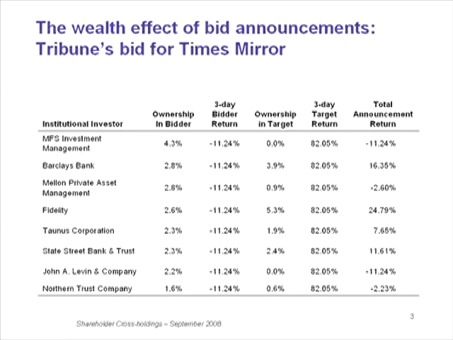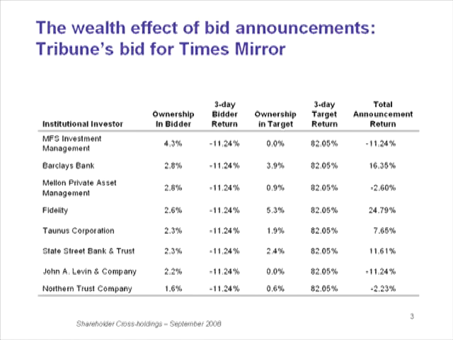But they had very different total outcomes from this 3-day effect because they held very different amounts in the target, Times Mirror. The top one had 4.3% in Tribune, nothing in Times Mirror, and so they did suffer the full 11% loss on the transaction.